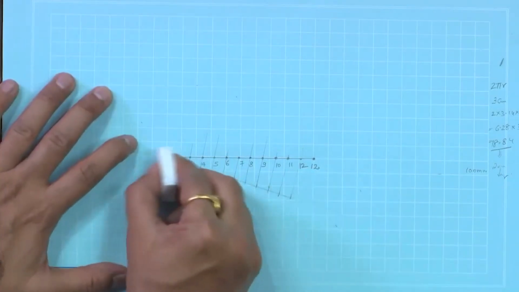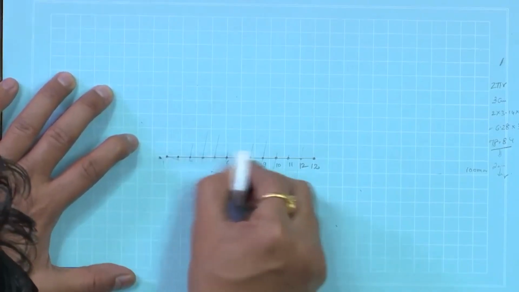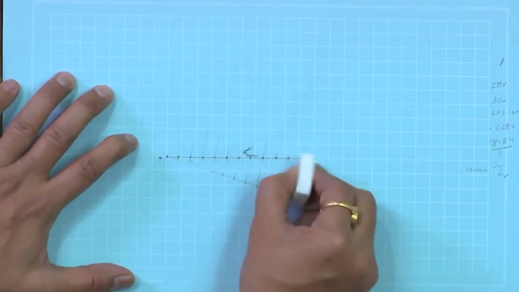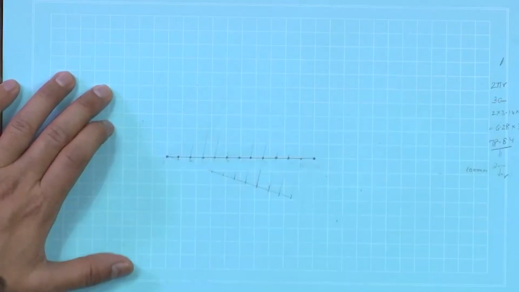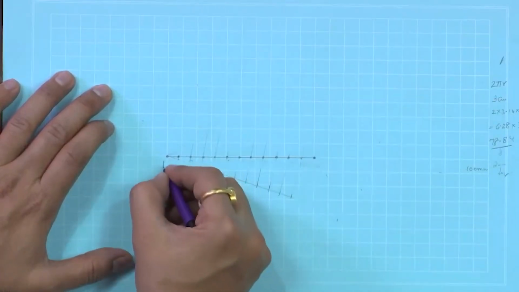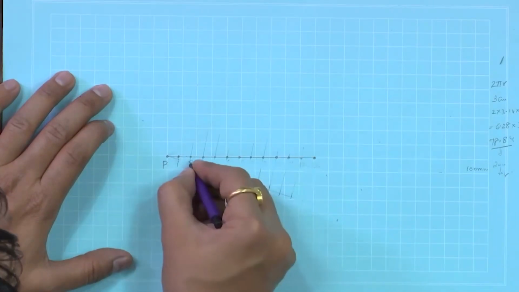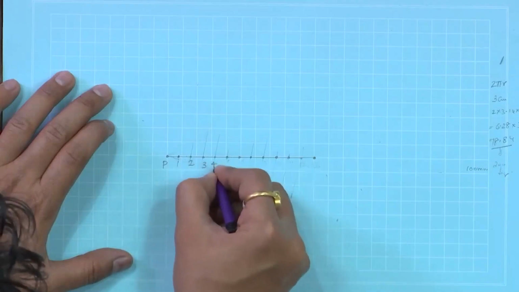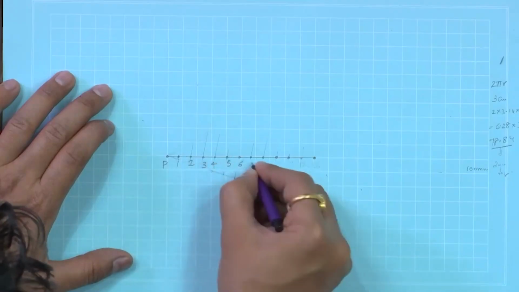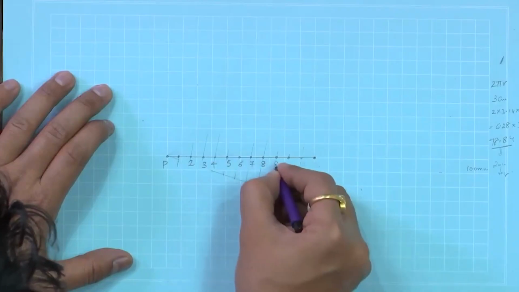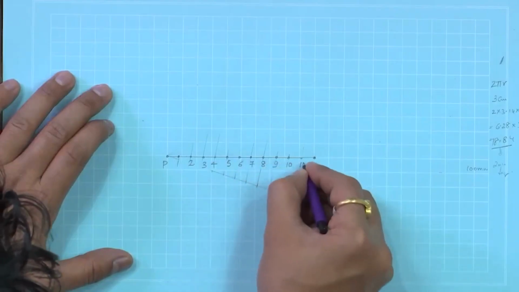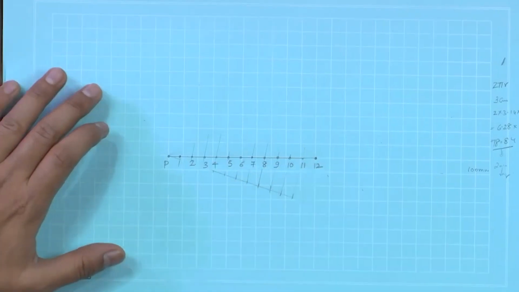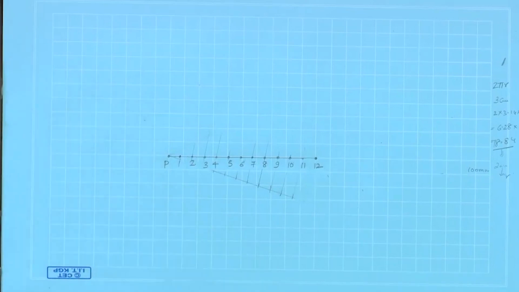The notation is this begins with point P all the way to 12. So, let us call this point P, 1, 2, 3, 4, 5, 6, 7, 8, 9, 10, 11 and 12 points. That is 100 mm.